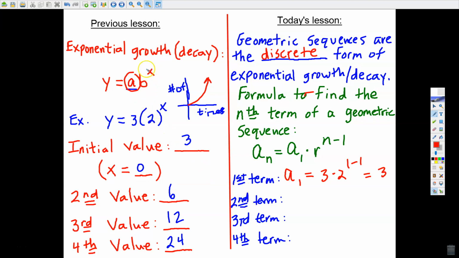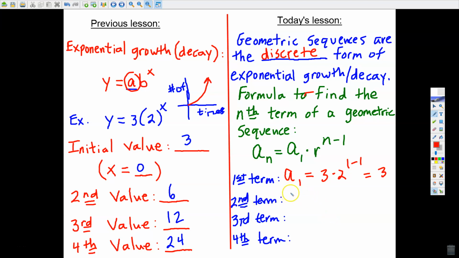But this function, to draw the graph, we start with the y-intercept, which means x would have to be 0. So we kind of walked through over here how to get the second term. Let's go back to the first term. The first term meant x is 0. Second term meant x is 1. Third term means x is 2. Notice how it's 1 less, and that's why this formula has n minus 1 as the exponent.